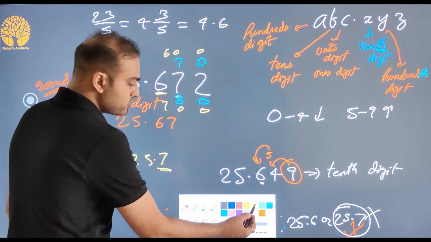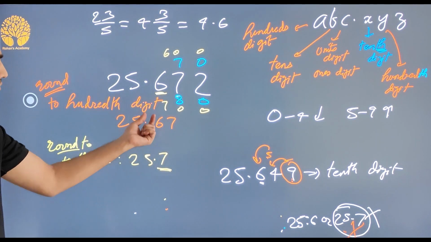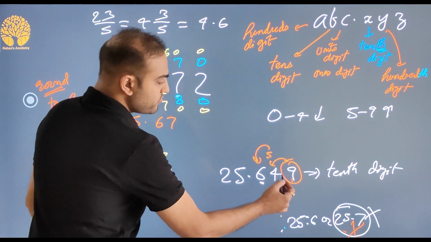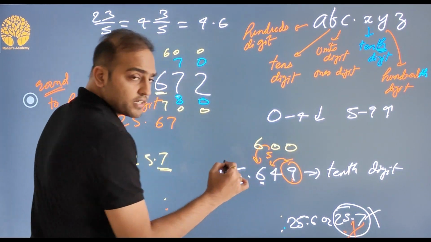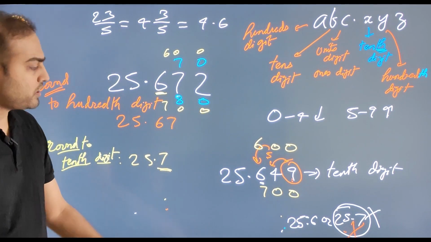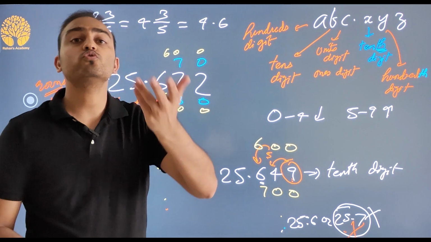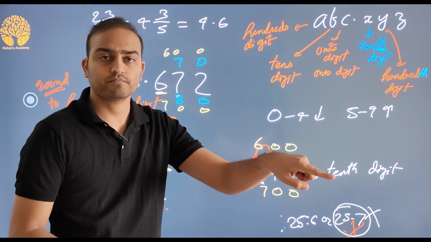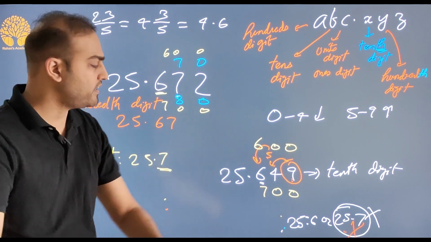As I said, if I want this decimal, look at the range: the lower range is 600, upper range is 700. Now think, 649 is closer to what? Is it closer to 700 or closer to 600? It's closer to 600, right?